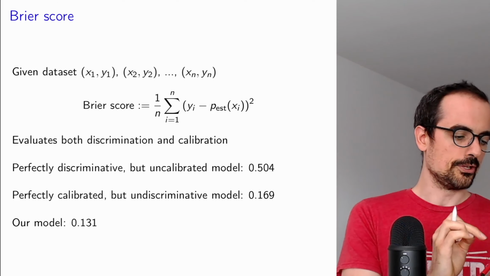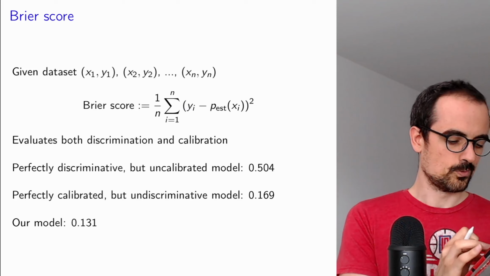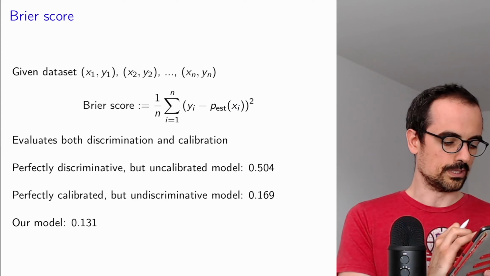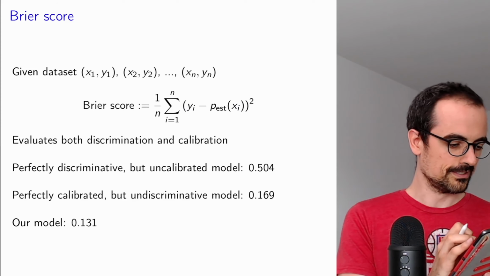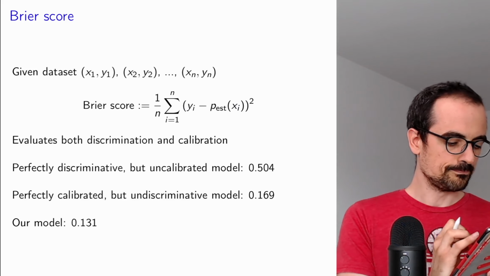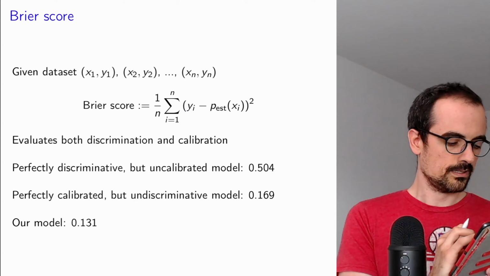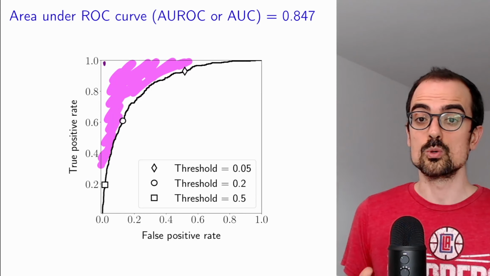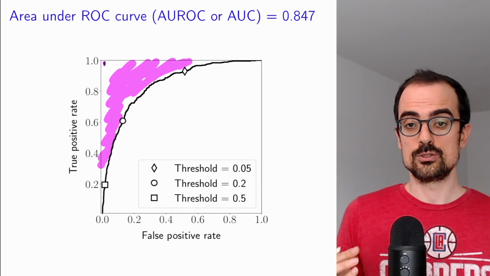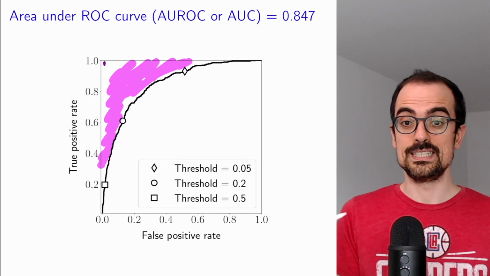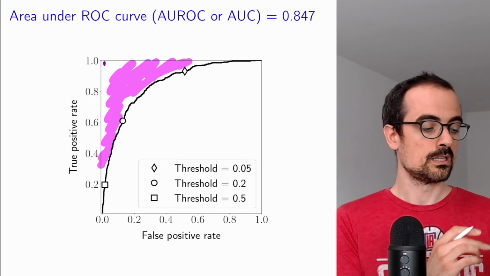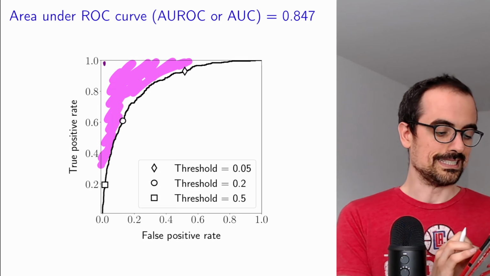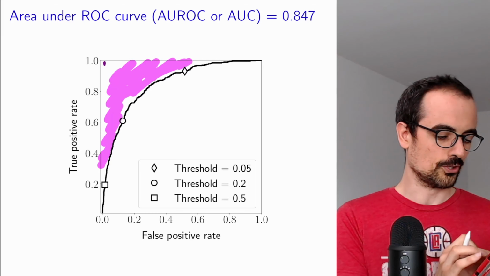Let me go back and tell you what the AUC was, because I can't believe I actually forgot to tell you the value, and I'm pretty sure that it's on the graph. Yeah, so the AUC is 0.847, which is considered a good AUC. So here logistic regression is doing a pretty good job discriminating between Alzheimer's and healthy patients. And I don't know why I was describing the curve to you when I could have just shown you.